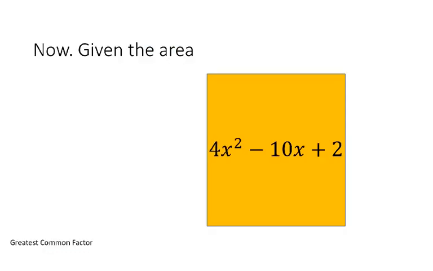Now, we're given this one. This one's a little bit more complex, but if we look at our 3 terms, see that a 2 probably can be involved. So like if this one's 2, then it's 2 times something that's going to get us this area.